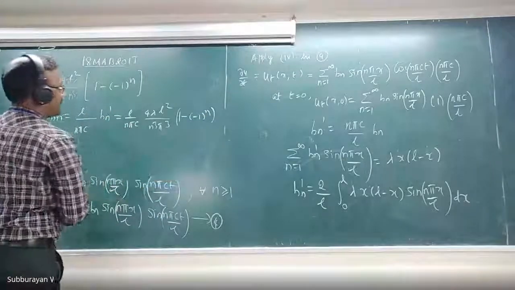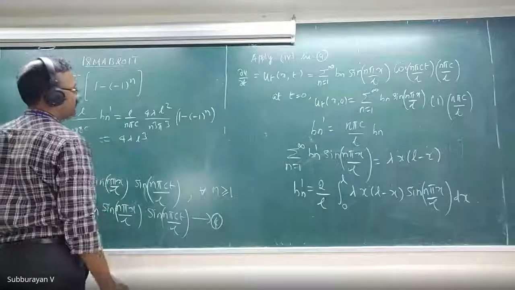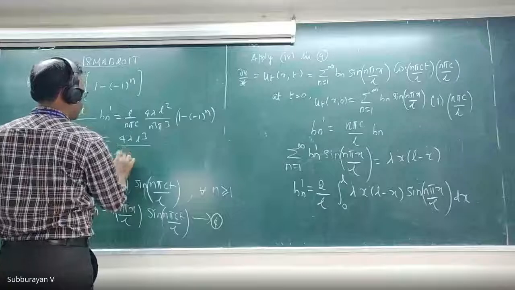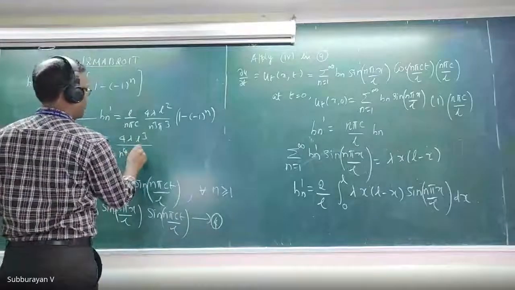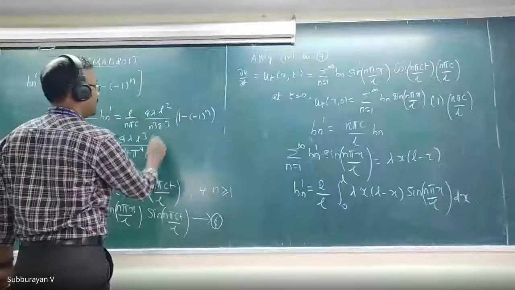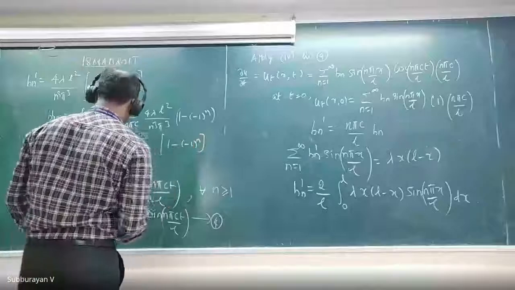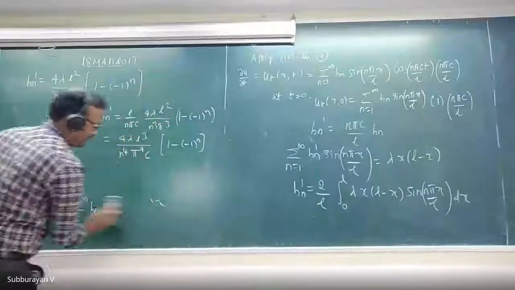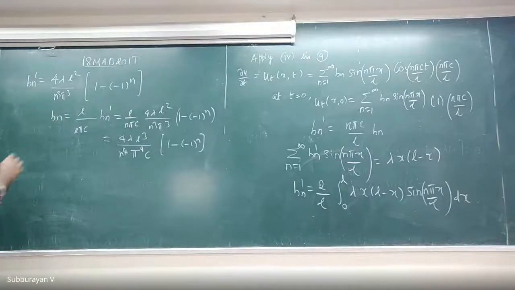Then I will get here 4 lambda L cube divided by n power 4 pi power 4 into c into 1 minus of minus 1 whole power n. So that is your Bn, and so we have calculated what is Bn.